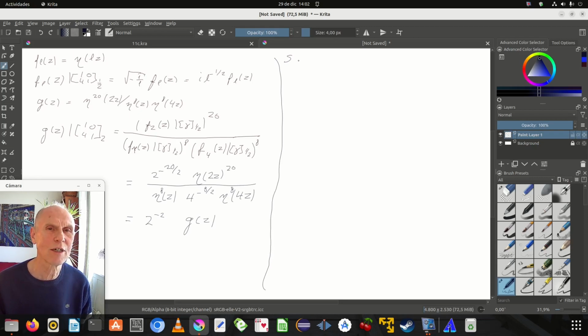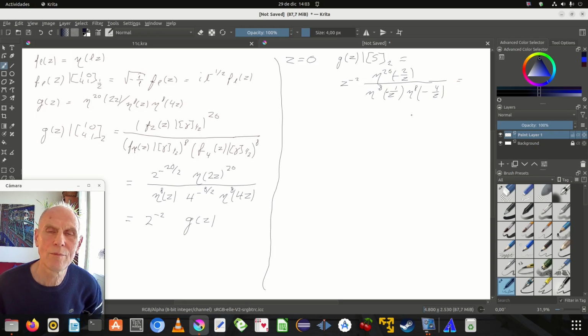So we take the cusp z equals 0. And now we must apply the transformation rule as it is.